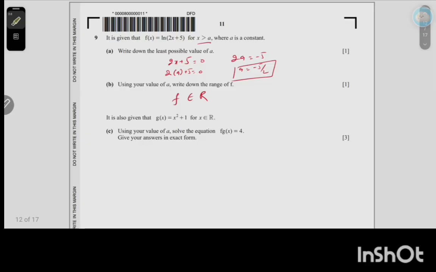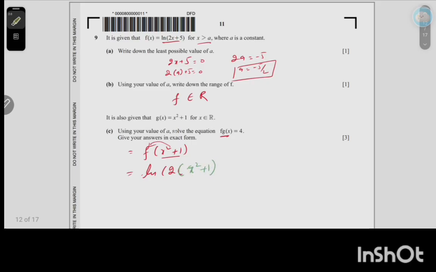in the exact form. Okay, now first of all we need to find f of g of x. Now in f, the value is log of 2x plus 5; we have to replace x with x square plus 1.